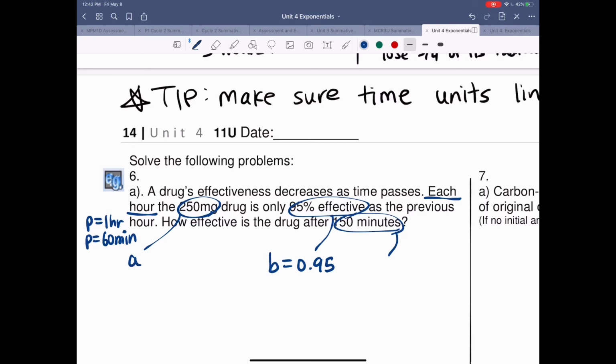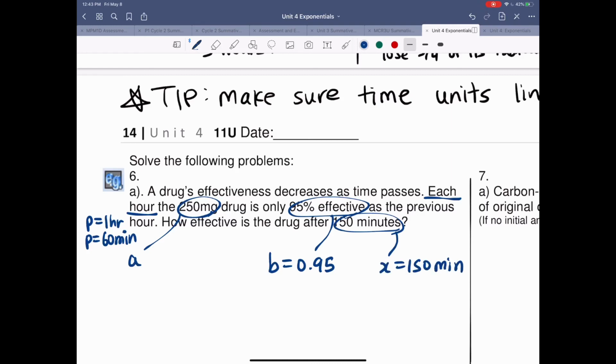Basically, your r in this case is 5% or 0.05. And so you get b by doing 1 minus 0.05, and you have b that is equal to 0.95 exactly. So how effective is this drug after 150 minutes, they're telling you a specific scenario. That means that x is equal to 150 minutes.